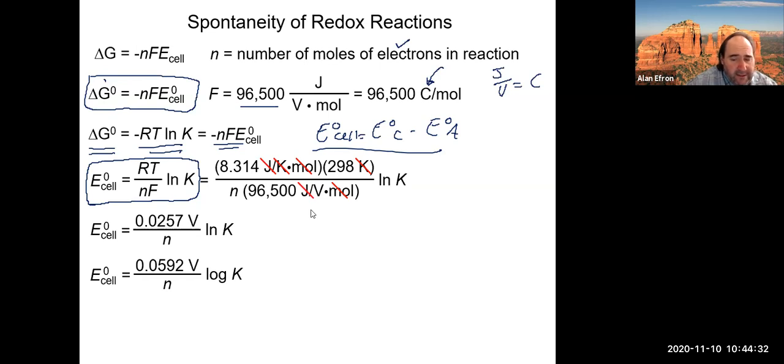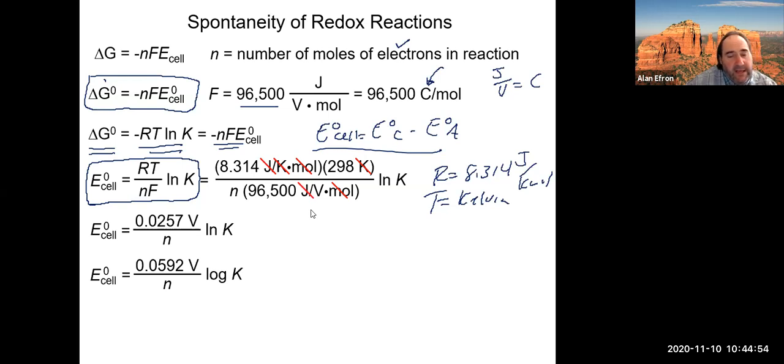R is our gas constant, the one that involves energy, so the 8.314 version is what we're using. T is our temperature in Kelvin. n is our moles, F is our Faraday's constant, and K is our equilibrium constant, products over reactants, like we've seen many times.